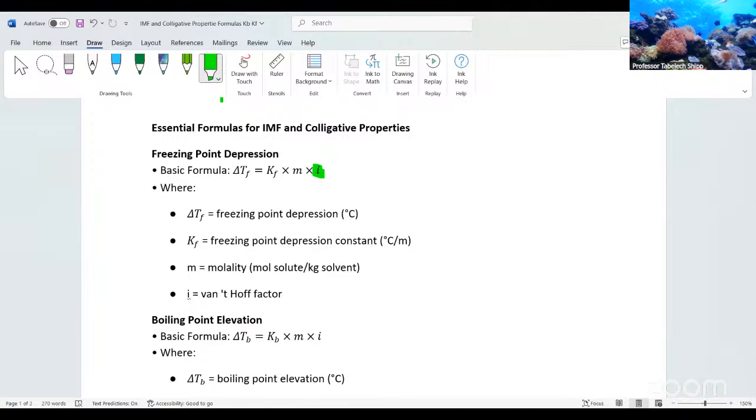Okay? So let's say, for instance, that you have a cookie, right? And you dunk it in water. If the cookie doesn't break, then this little i will become one. But let's say that the cookie breaks into two particles or two pieces, then that little i becomes two. If the cookie breaks into three pieces, you got it, then the i will become three.